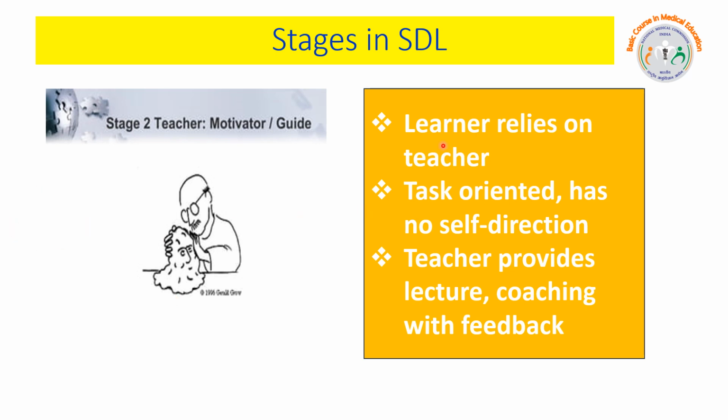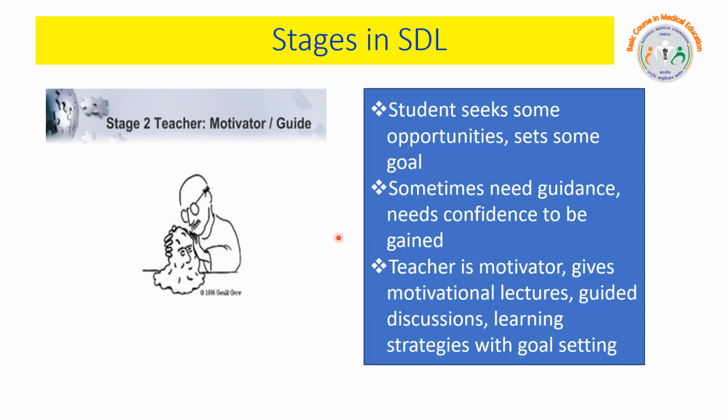Here the student seeks some opportunities and sets some goals. In the teaching-learning method, the teaching will be directive, but along with it, it will also be supportive. Strategies such as a lecture followed by demonstration or discussion, or an assignment given after an introduction to the topic, work here, as do teacher-led discussions.